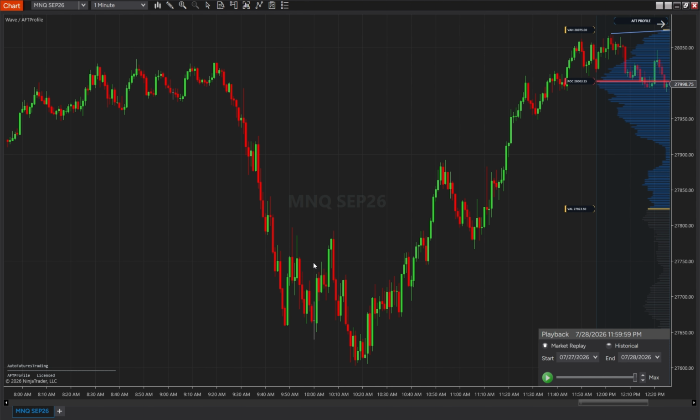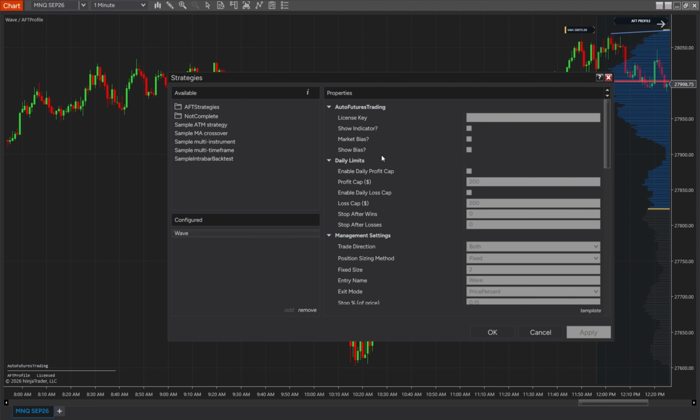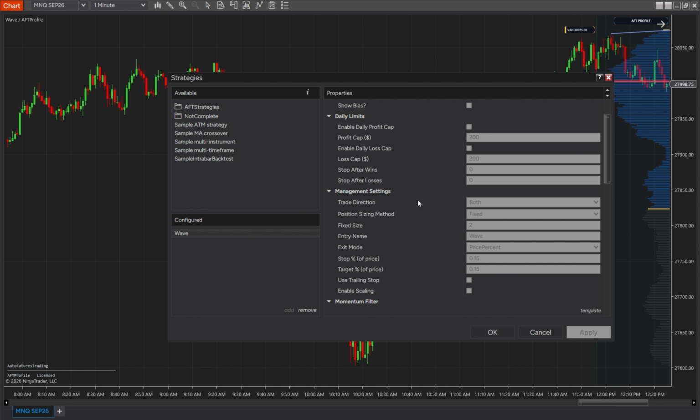In addition to those exit choices, Wave can operate in both directions, or be restricted to long only or short only. Right here, this is where you see the trade direction, which is seen in all the strategies. You can select a fixed position size or allow the strategy to calculate size around a chosen dollar risk amount, with the max contract setting available to keep the result within your limit, which only shows up when you change the fixed to dollar risk.